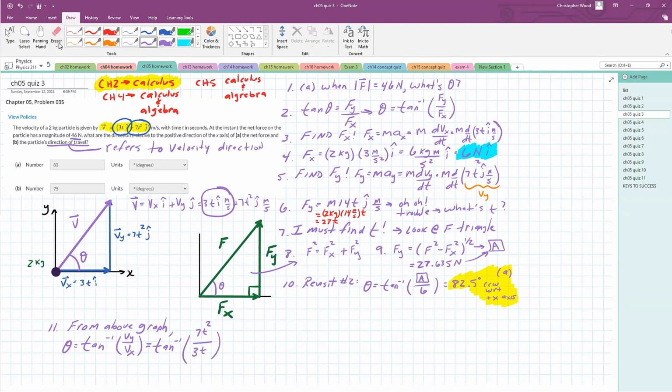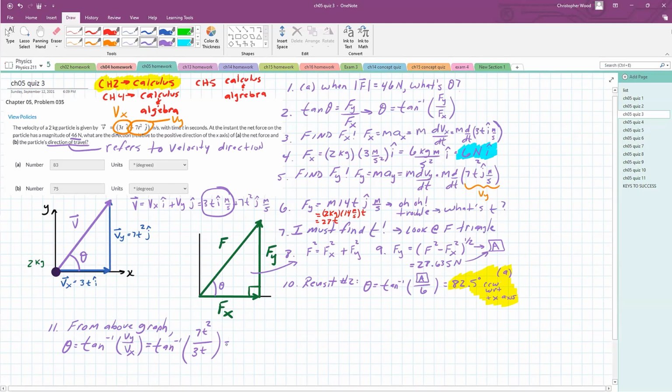I just want to make sure we're not done, but I want to make sure I'm being clear. Here is V subscript X. This is V subscript Y. That's a positive. And it's going to be 7t squared over 3t. That looks good.